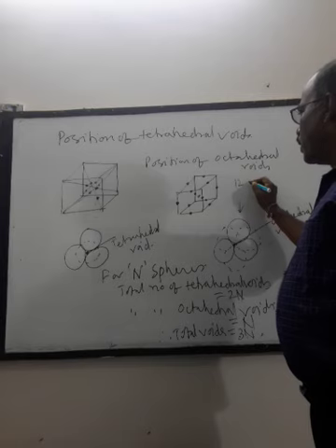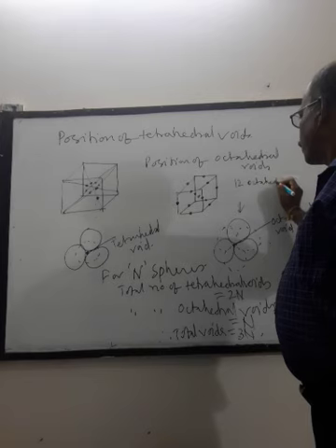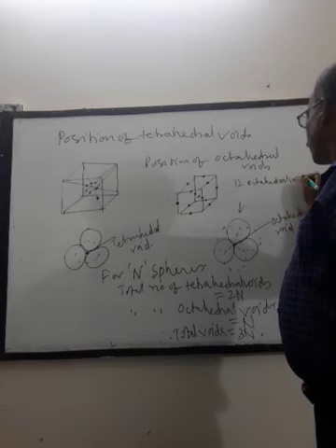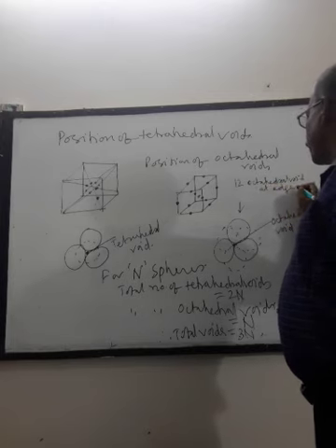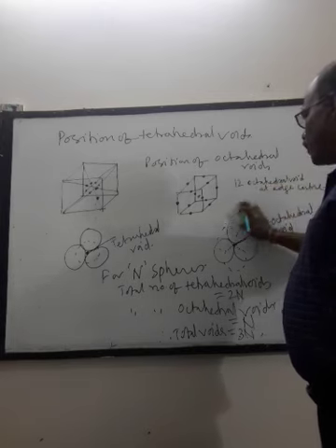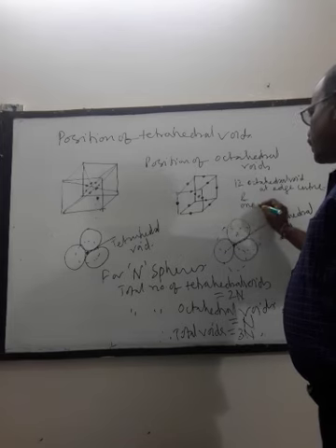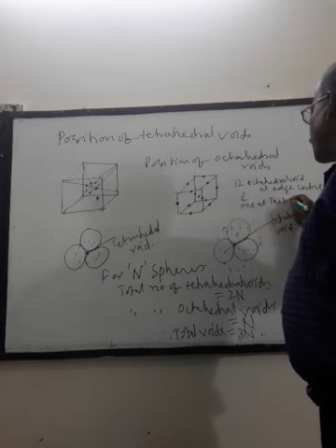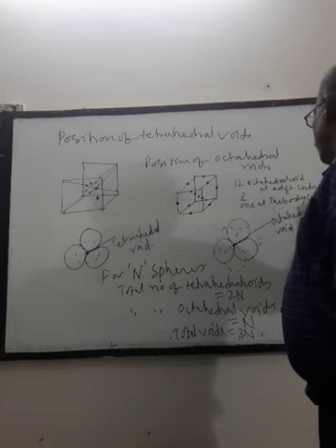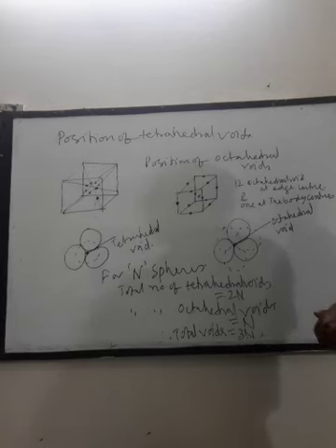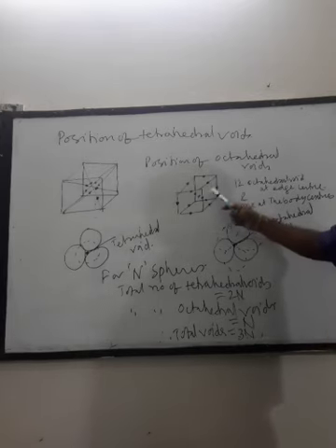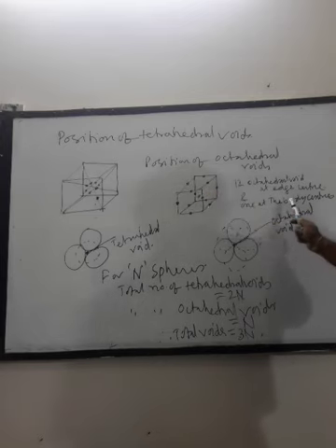So 12 octahedral voids at the edge centers and one at the body center. So in the case of octahedral voids, there are 12 octahedral voids at the 12 edge centers and one at the body center.